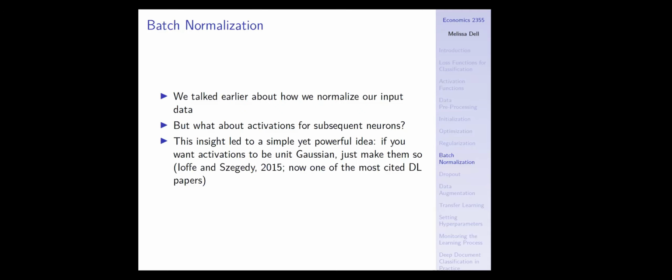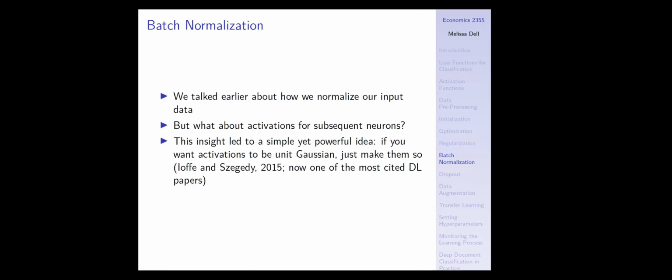If you recall back to the beginning of the lecture, we talked about how we normalize our input data, how we want it to be on the same scale and 0-centered, so we don't get these dead ReLUs, so we don't get this pathological curvature. But that's just your input layer.